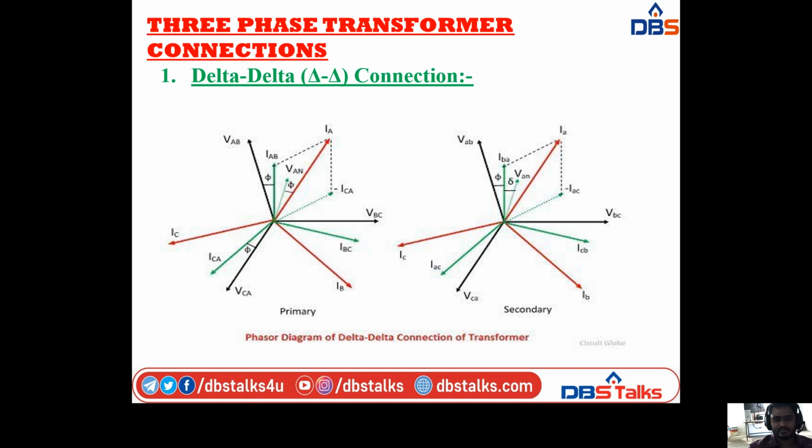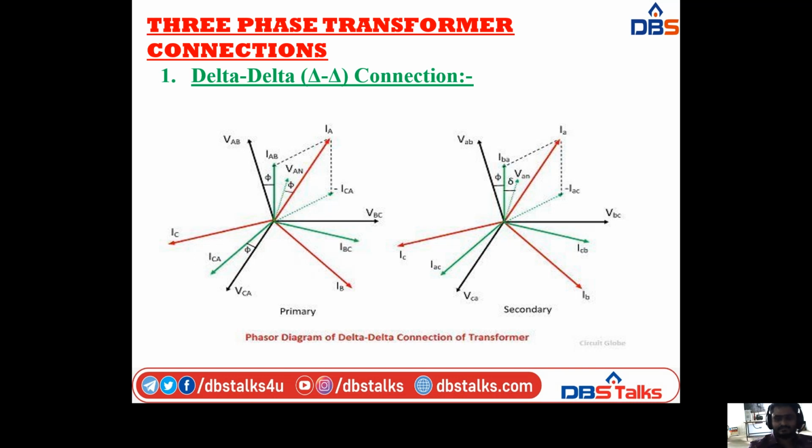So VBC and VAB and IB, VCA and IC, ICA and IAC. Here the voltages are leading and the currents are lagging in this delta connection.